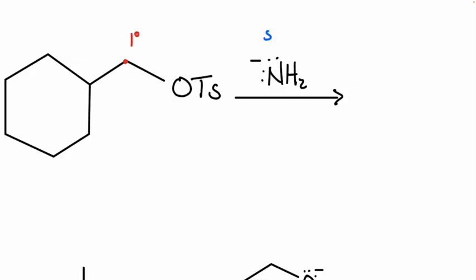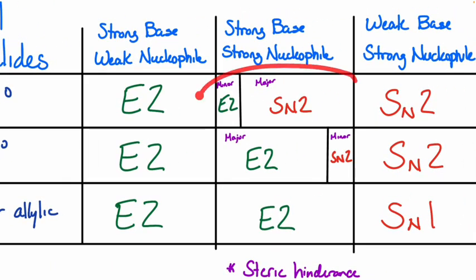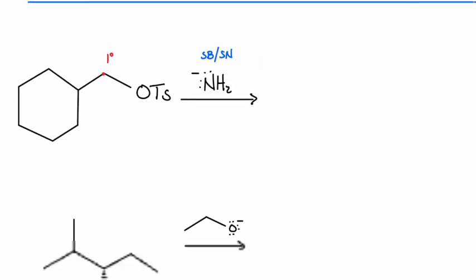So yes, this is a strong base, but it's also teeny tiny small, so it's a strong nucleophile, all right? And if we look on our cheat sheet here, that means that we're going to get a combination of both elimination and substitution. So I'm going to put down both, our E2 and our SN2.